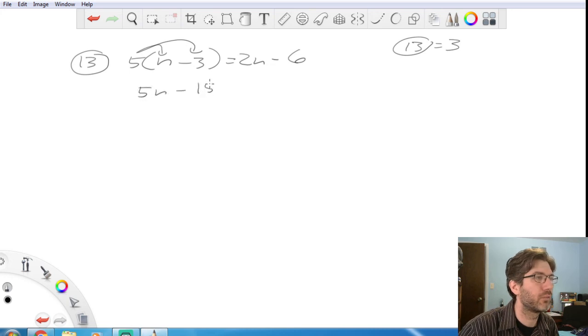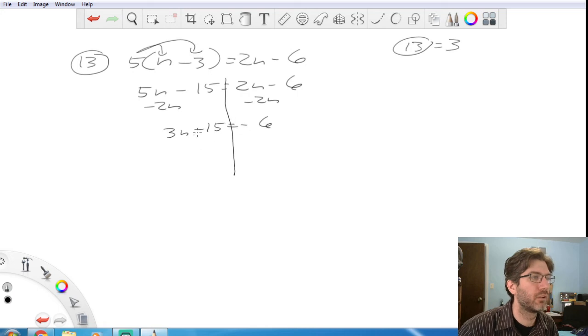5n minus 15 equals 2n minus 6. Then get your n's together. Minus 2n from this side, minus 2n from this side gives you 3n minus 15. This gives you minus 6. Get rid of your addition and subtraction. This leaves you 3n equals, and then negative 6 plus 15.